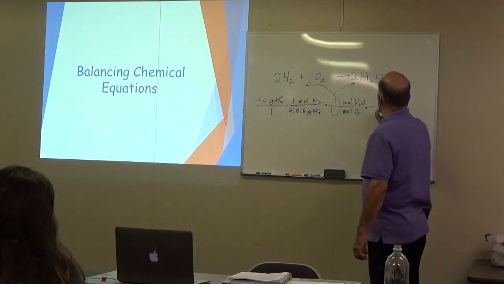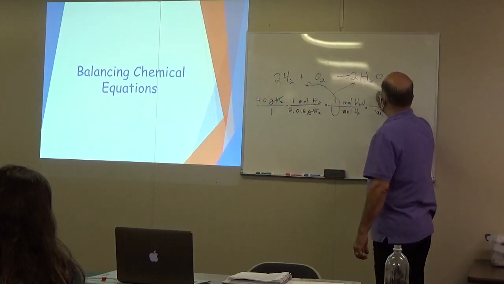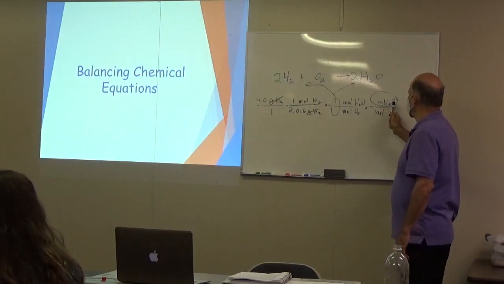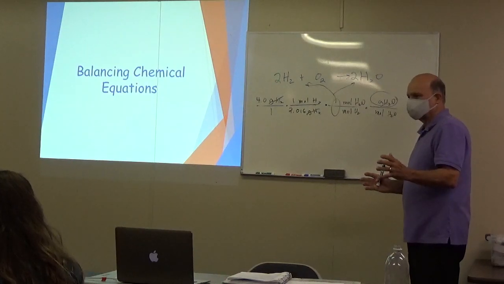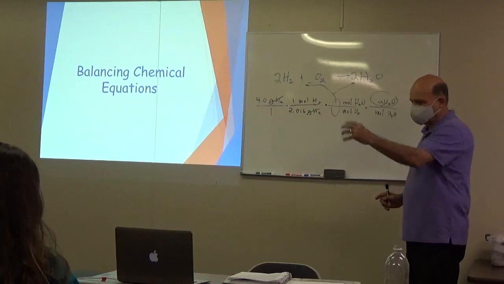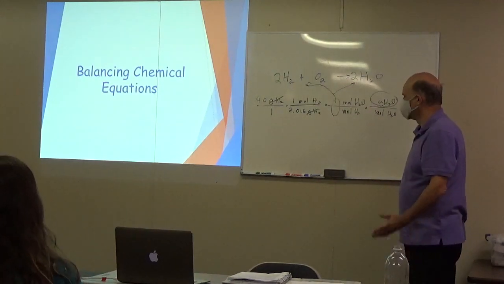Then you have to convert moles of water to grams of water, and this comes from the molar mass. 2 hydrogen atoms, 1 oxygen atom, look at your periodic table and add up the atomic masses. If you have a mole, the atomic mass is going to be in grams instead of numbers of nuclei.